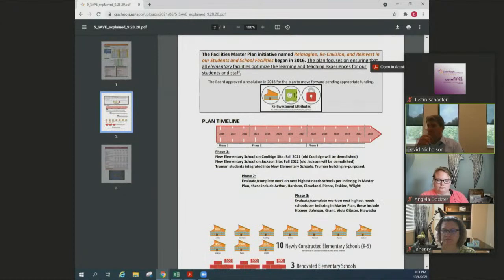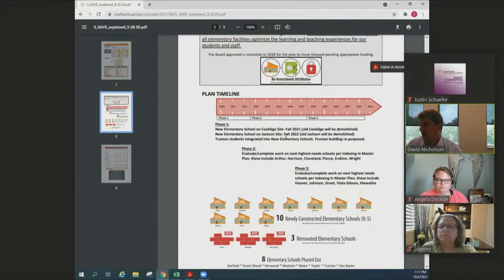I did want to talk about our facility master plan a little bit. This is a nice summary that we've incorporated into this document for the line item budget to talk about what we are doing. This is just a quick synopsis.